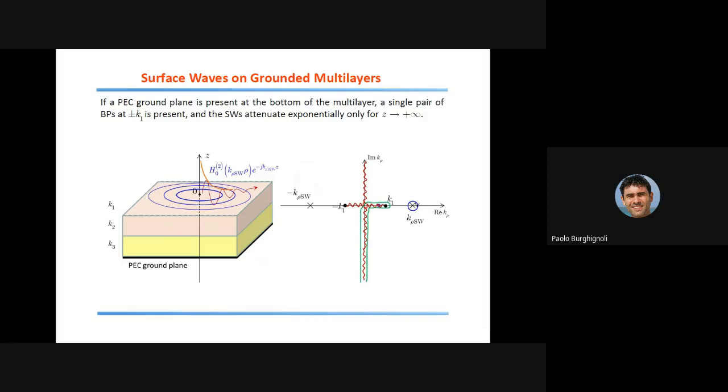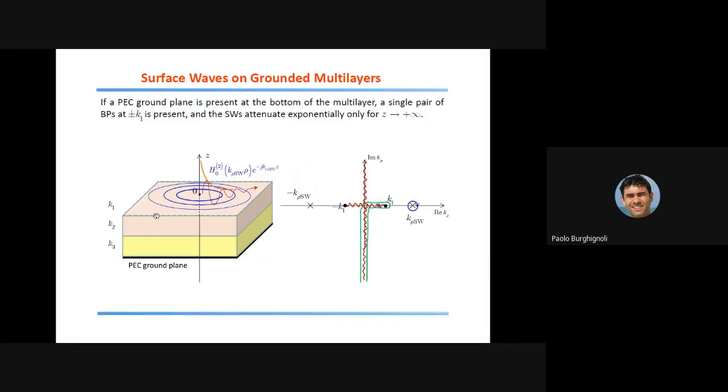So it does not matter what determination of the square root you choose, because once you are inside the argument of a cosine function, which is even, either if you choose one determination or another, everything remains the same, because the cosine function remains the same if you change the sign of its argument.